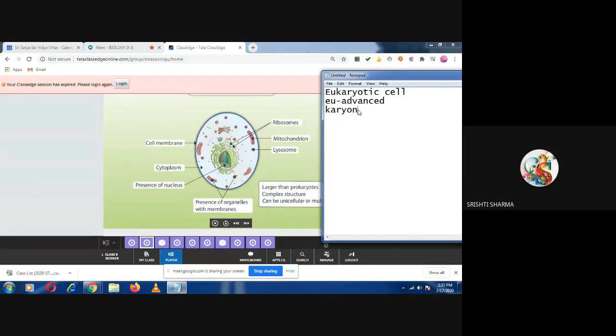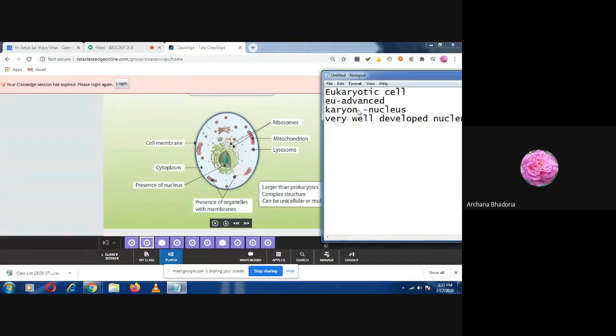Nucleus. So they have an advanced type of nucleus, or we can say a very well developed nucleus.